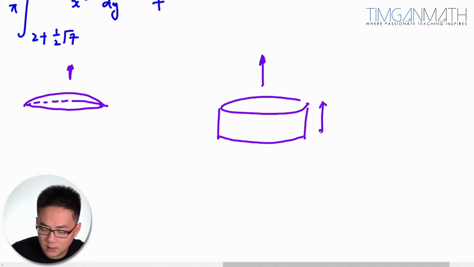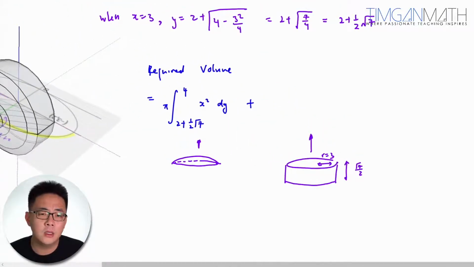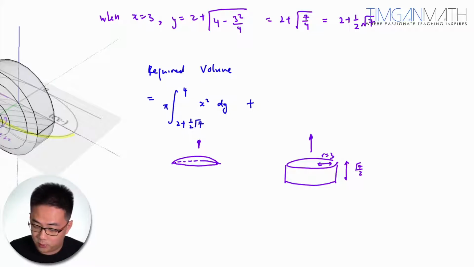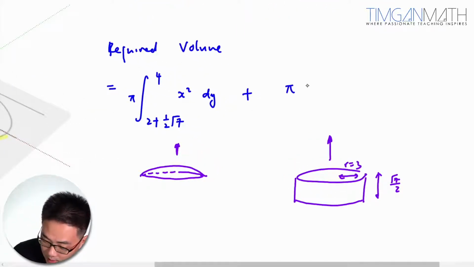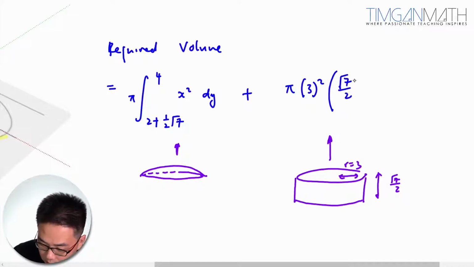So the radius is just 3. Alright, so that's how you visualize this part here. I'm just going to do this part carefully. So we have pi r squared times the height, which is root 7 over 2.